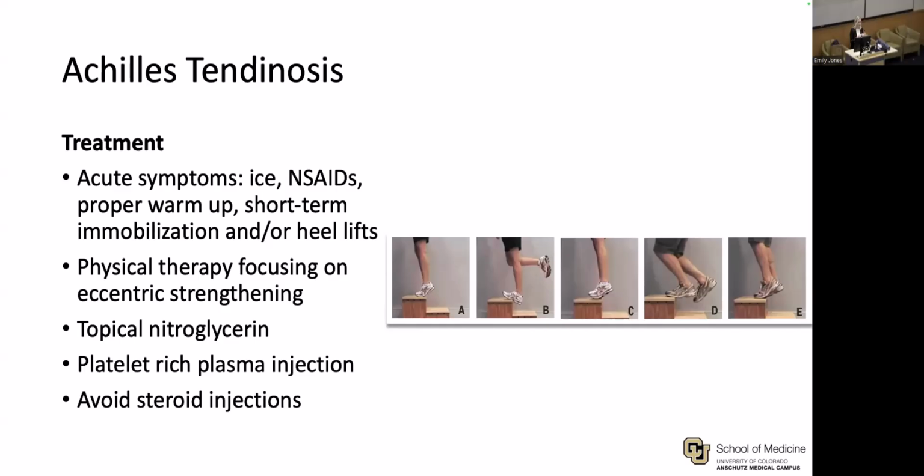We use a patch, and they keep it on 24 hours a day, switch it out every 24 hours. And it's a 12-week course, and you put it near the area of the injury in a slightly different place each day, so that you don't get a reaction from the adhesive. But that, in conjunction with physical therapy, has actually been shown to improve tendon healing.